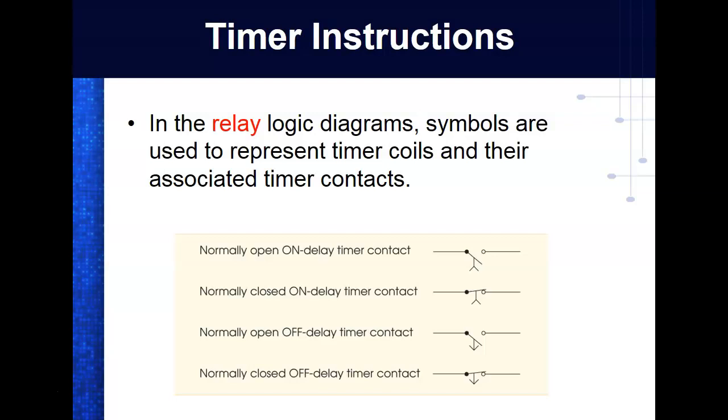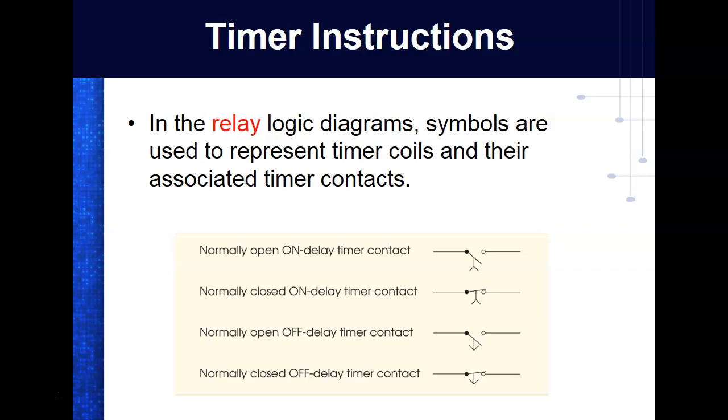So these are relay logic symbols. She took motor controls already. So these are the symbols. We have two types. We have on delay, we have off delay. So what we do, if the arrowhead points toward the switch, it's an on delay timer. If it points away, it's an off delay timer. So we have two contacts.